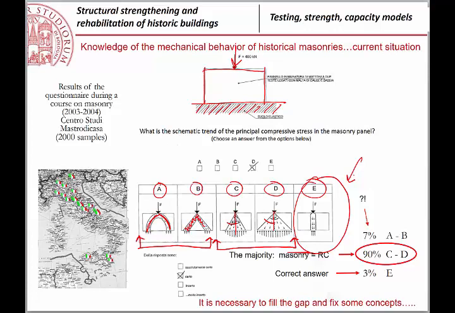I said we are talking about old buildings. So what is a characteristic of an old masonry with respect, for example, to a new masonry, which means the masonry blocks and masonry mortars used now for masonry buildings? The main difference is that in old buildings you typically have a bad quality of the mortar. We will talk about what is the quality of the mortar, how to estimate it, etc. But just take the concept for now.